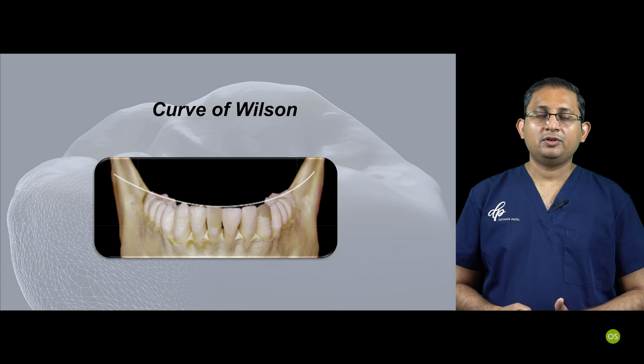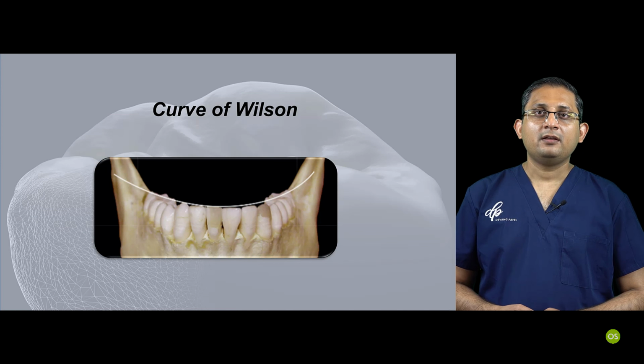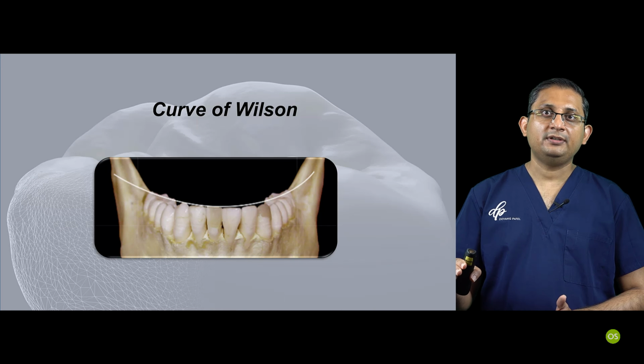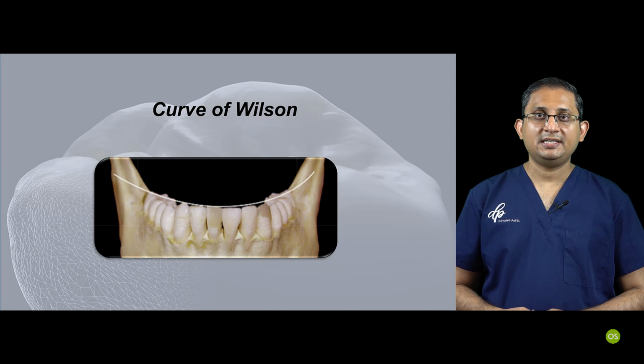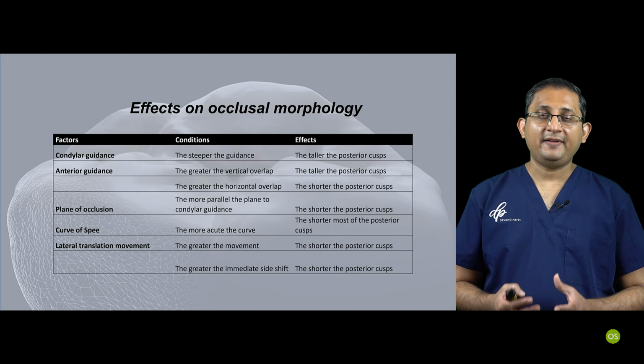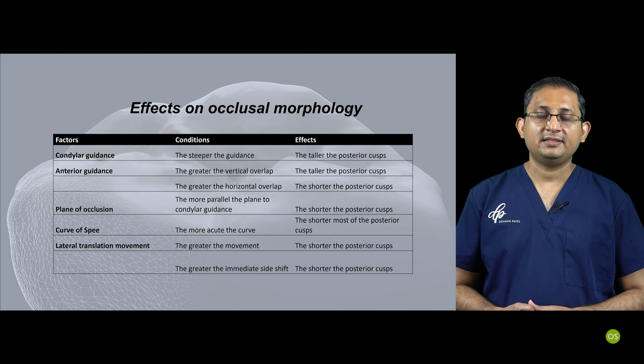Then you have the terminology called curve of Wilson. The curve of Wilson is a mediolateral curve which connects buccal and lingual cusps of the mandibular teeth, and is in a rotatory movement. So let's look at how all this affects your clinical practice.